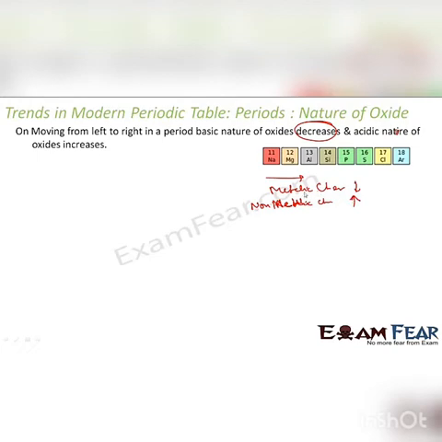So same thing, metallic character will give you a basic oxide. So basic oxide nature decreases and non-metallic character will give you acidic oxides, right? So acidic oxide nature increases. Same thing, similar to the metallic and non-metallic, we have basic and acidic oxide.